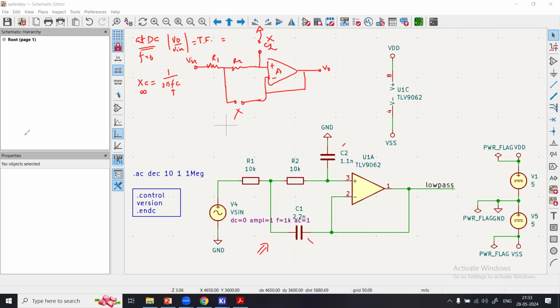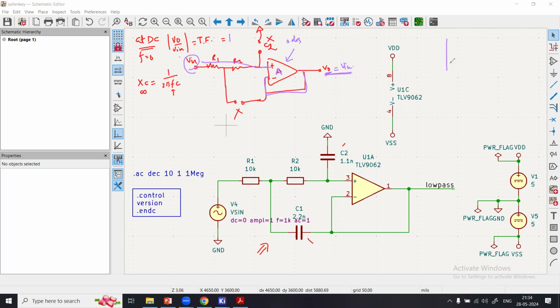Essentially, you have an input signal coming to the positive pin, and since this amplifier has a very high open loop gain and is configured as a buffer or voltage follower, the output voltage will be equal to the input voltage. So the output voltage divided by input voltage, the gain, is 1, or in dB it will be 0 dB.